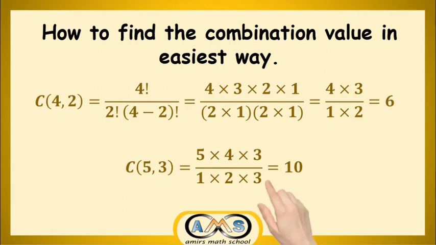So we will write 1 into 2 into 3, which is the multiplication form of factorial 3. Now in the numerator, we have to write an equal number of terms of 5 factorial in descending order, that is 5 into 4 into 3. Since in the denominator there are 3 numbers, in the numerator we have to write 3 numbers. So 5 into 4 into 3, which gives the required value, that is 10.